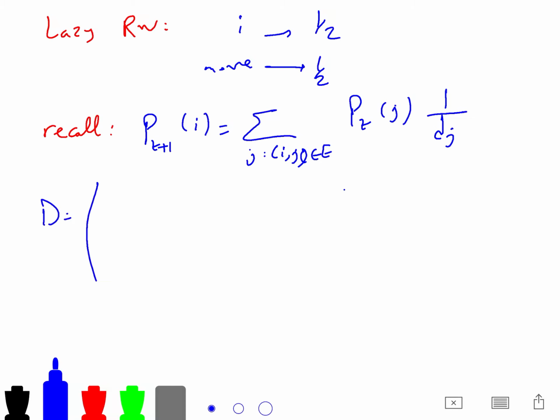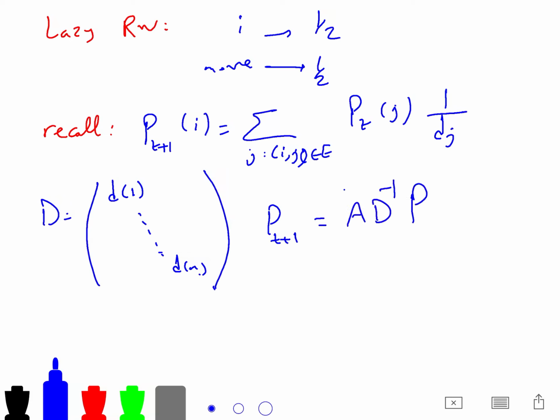So if D is a diagonal matrix, D1 up to Dn, where D is the degree, then p_{t+1} is just A D^{-1}, kind of normalized, times p_t. So this becomes (A D^{-1})^{t+1} p_0. So if pi is a stationary distribution, pi equals A D^{-1} pi.